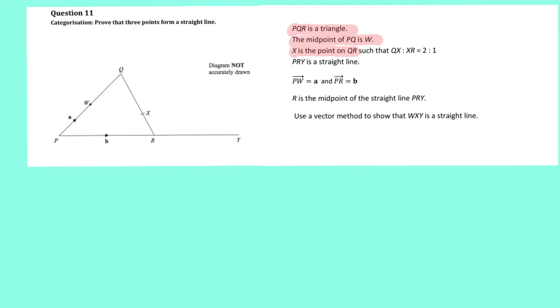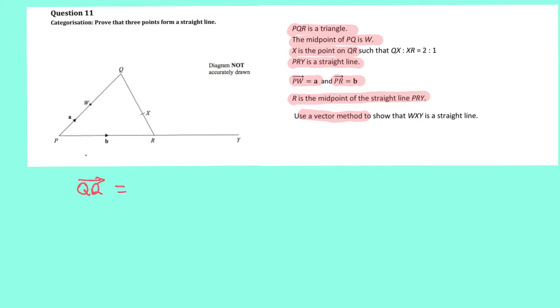We're also told that PRY is a straight line. PW is equal to A, PR is equal to B. R is the midpoint of the straight line PRY. We want to use a vector method to show that WXY is a straight line.